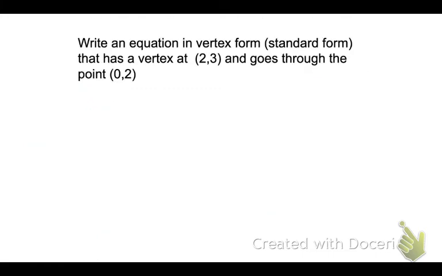Okay, write the equation in vertex form, which is also known as what form? Standard form. Okay, so I have a vertex and a point it goes through. So what is standard form? Y equals, give it to me in letters. a(x minus h) squared plus k.